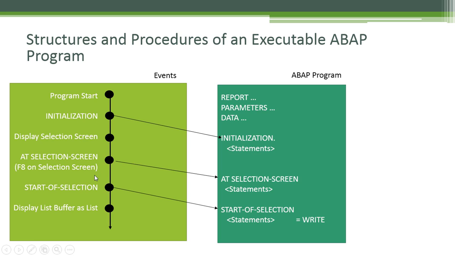After that event, the START-OF-SELECTION event is triggered, which is also represented as the START-OF-SELECTION statement in the program. Then you can write all of your ABAP statements, and the writes will be included after the START-OF-SELECTION event is triggered. And finally, the list buffer is displayed as a list.